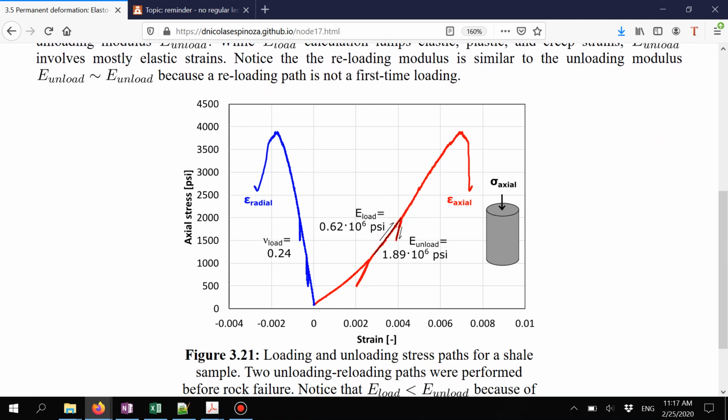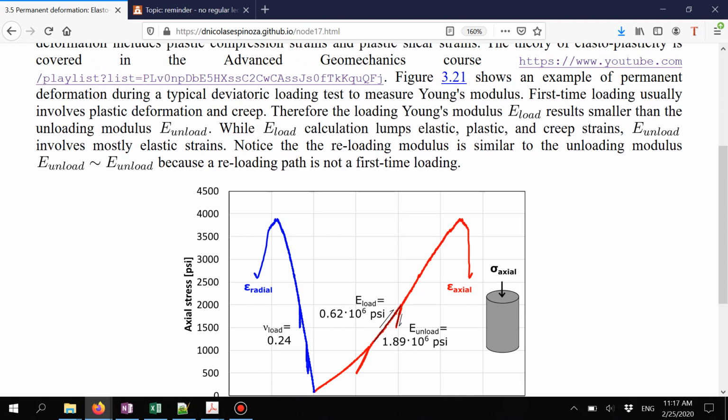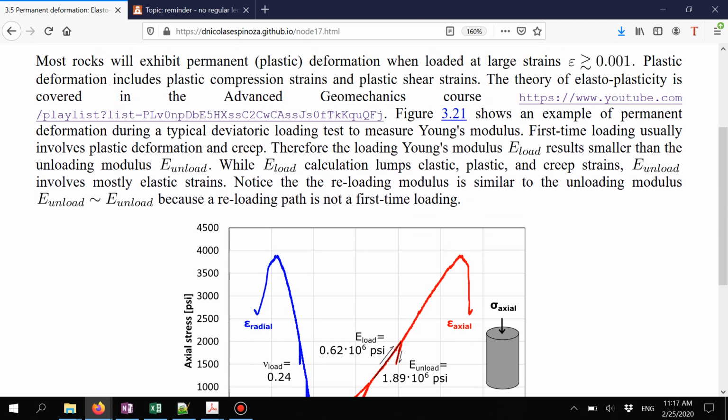And in general, the longer the time of the action that you apply on a rock, the more plastic strain you're going to have. The closer you are to the failure of the rock, also the higher the magnitude of that plastic strain is going to be. We'll get back to plastic strains later when we talk about rock failure.